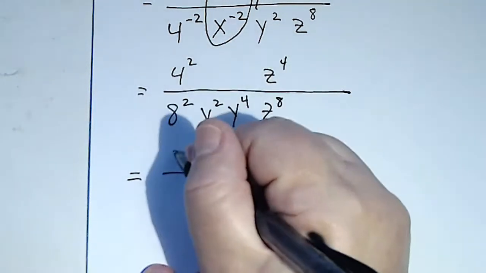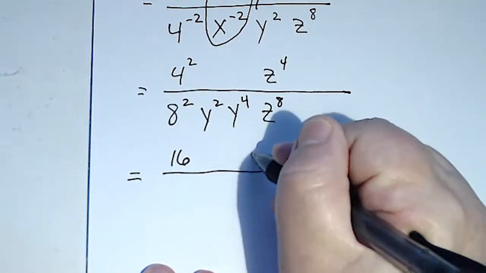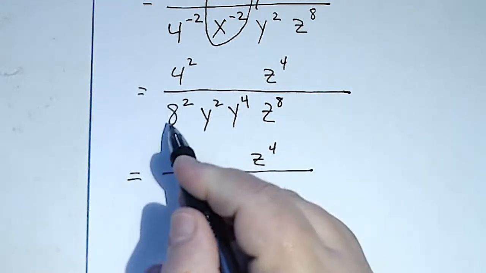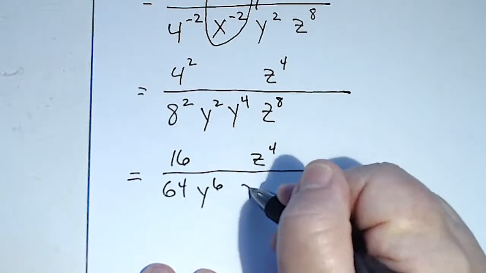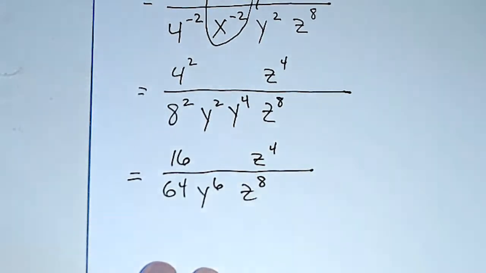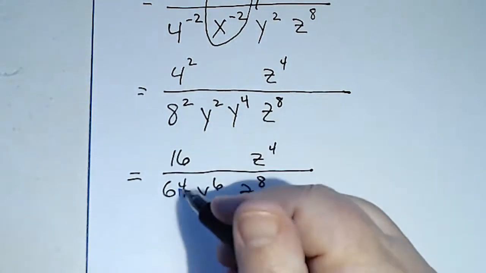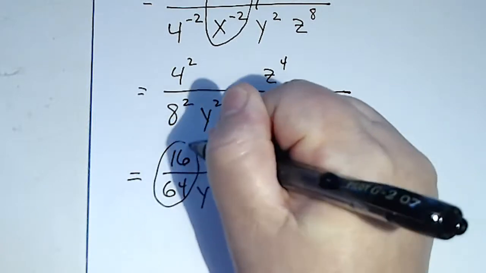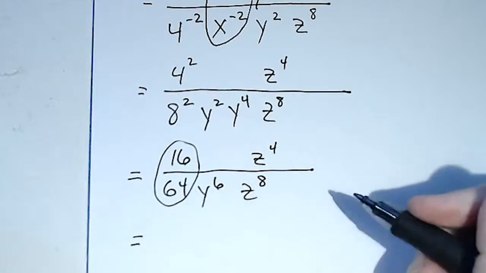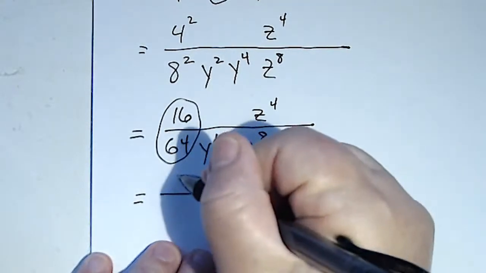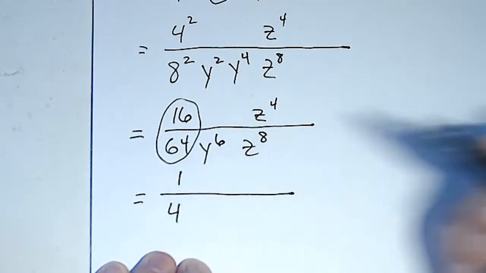4 squared is going to give me 16, z to the 4th. Down here, I've got 8 squared is 64, y to the 6th, z to the 8th. And now I have to figure out how to reduce. It turns out that 16 goes into 64. And they cancel, and I get 1/4.